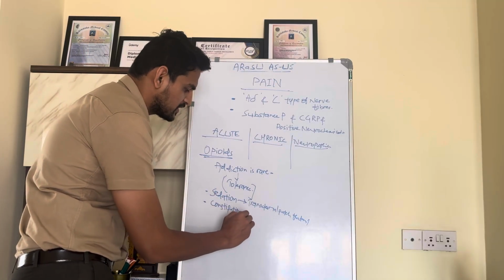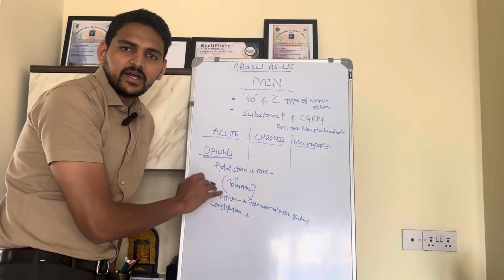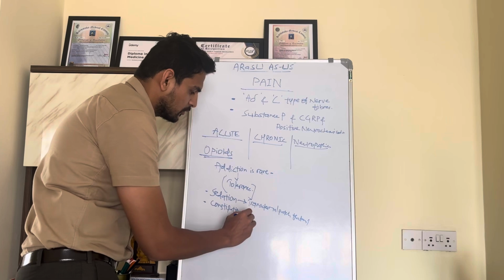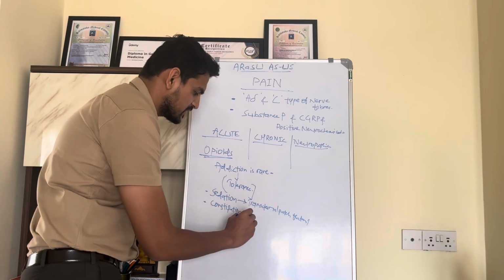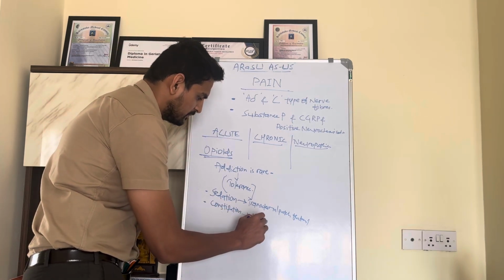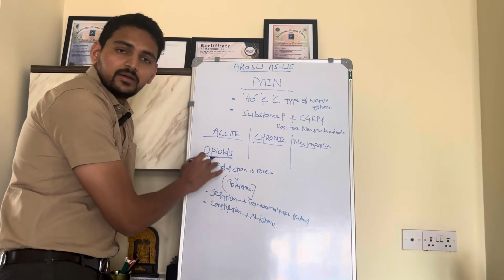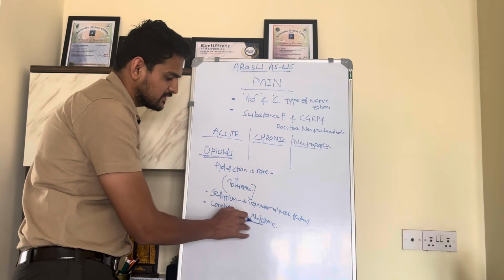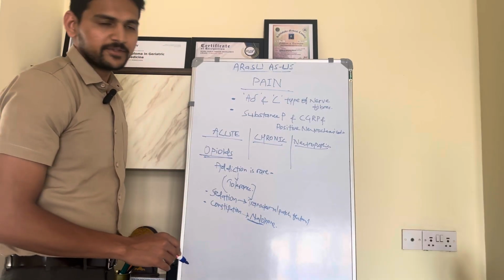And what about constipation? This is a universal adverse effect of opioids. For this we can utilize opioid antagonists such as naloxone when we need opioids for pain management with no other option left. So we can utilize naloxone to handle constipation.